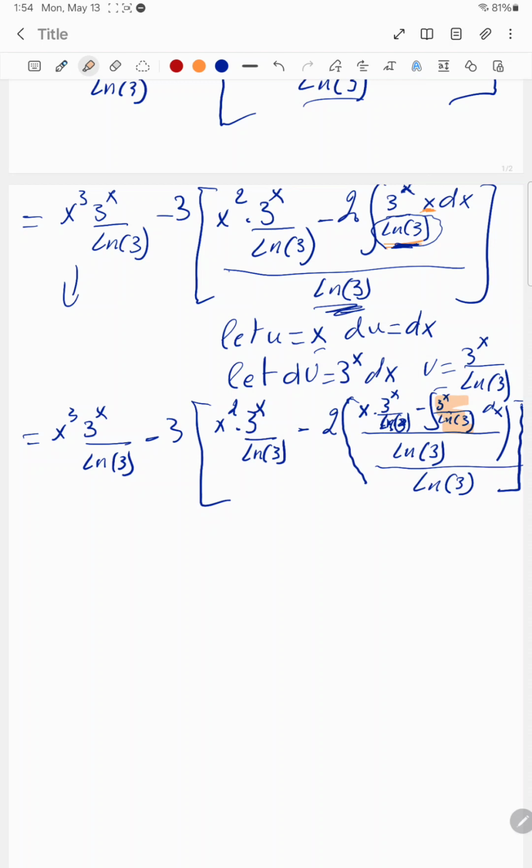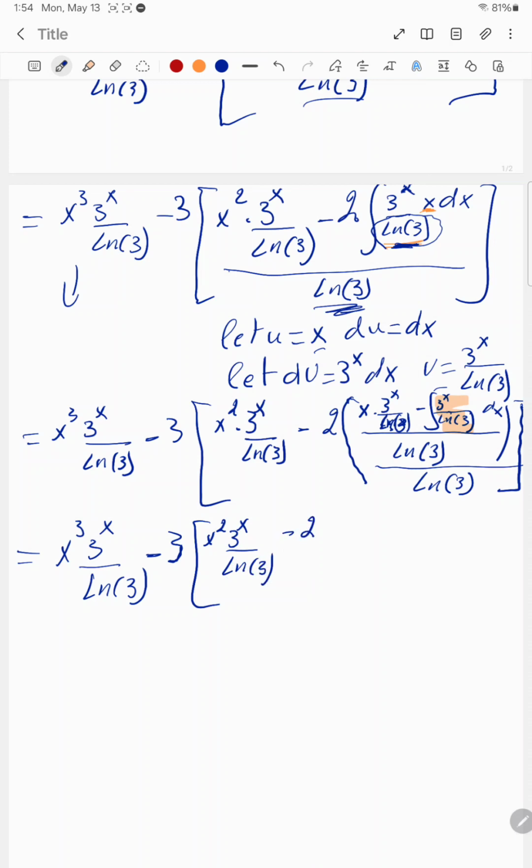So let's put the final answer, which is equal to x to the power of 3, 3 to the power of x divided by ln of 3 minus 3 x squared 3 to the power of x divided by ln of 3 minus 2, and you know this is divided by 1, so I can multiply it by 1 over ln of 3, and it becomes ln square of 3.